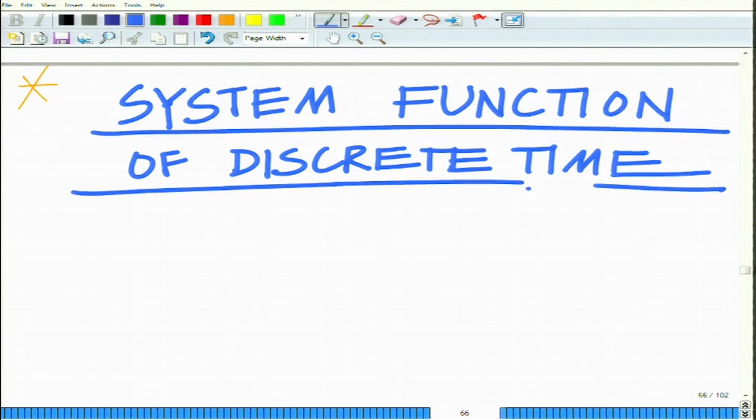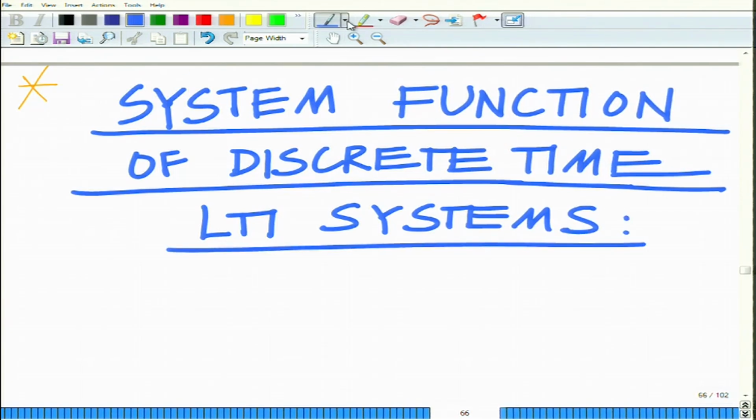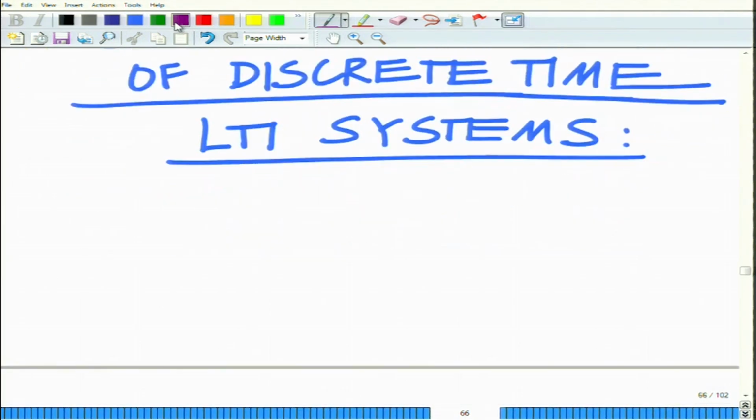Similar to the discussion on the Laplace transform, but this time considering a discrete time LTI system and discrete signals.